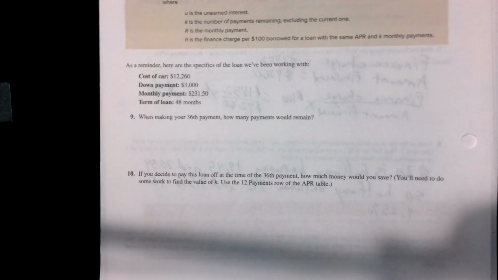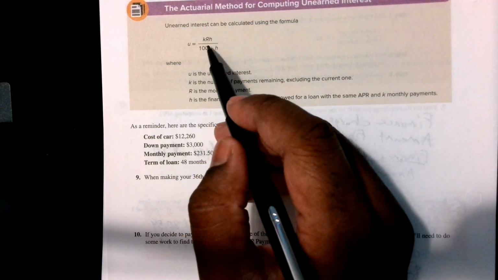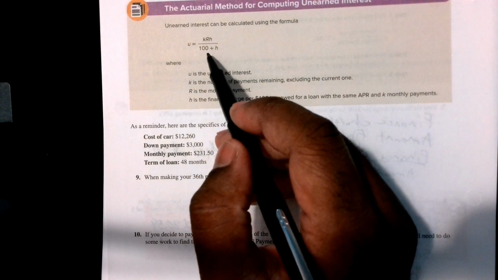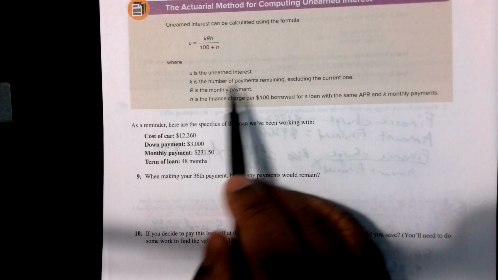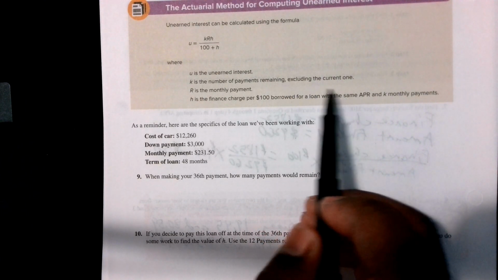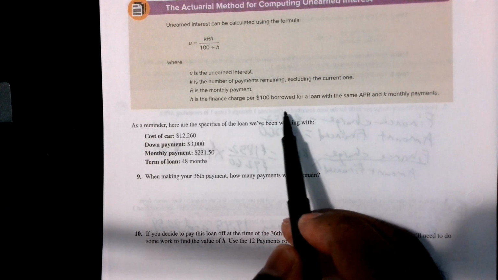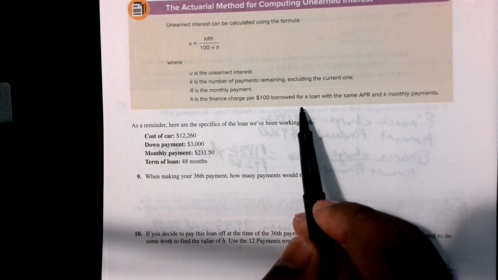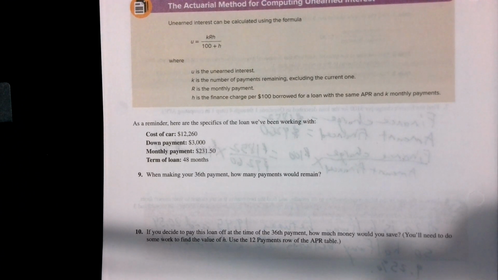Now it says here, unearned interest can be calculated using the formula U equals K times R times H divided by 100 plus H. U is the unearned interest, K is the number of payments remaining, excluding the current one, R is the monthly payment, and H is the finance charge per $100 borrowed for a loan with the same APR and K monthly payments.